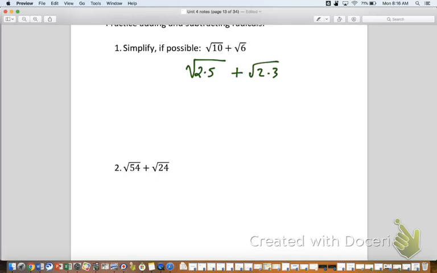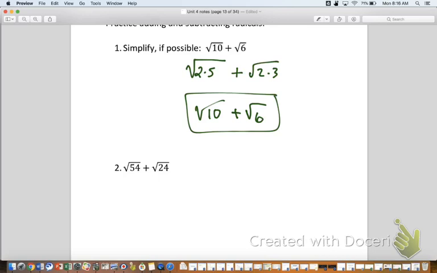There's no pair of 2s, no pair of 5s, no pair of 3s. So those radicals cannot be simplified any further. Root 10 plus root 6 is as simple as this gets. It's already been simplified, so you can't do anything further.